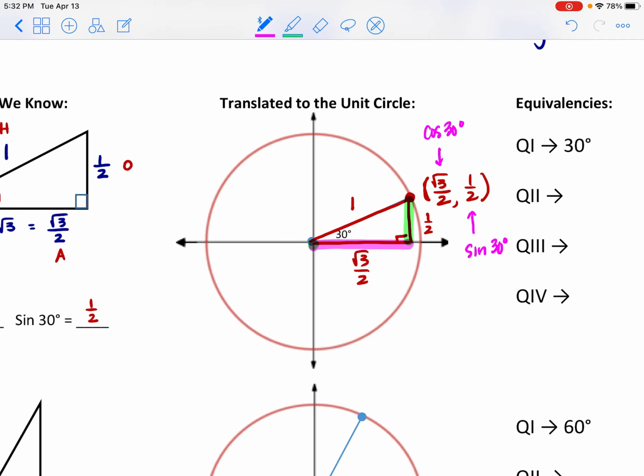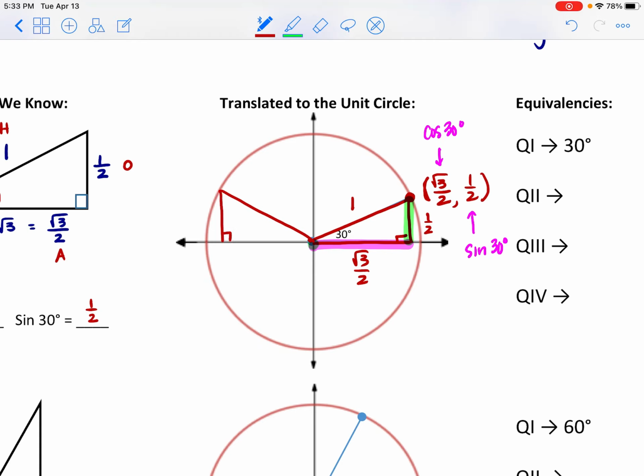If I reflected that triangle over into quadrant 2, so I just made a mirror image, and let's pretend I can draw this nicely, then what's going to happen?